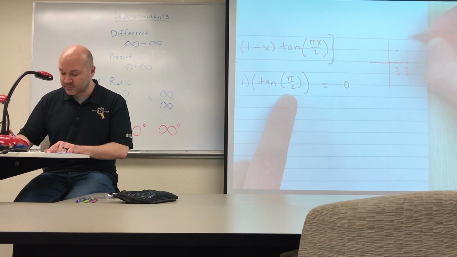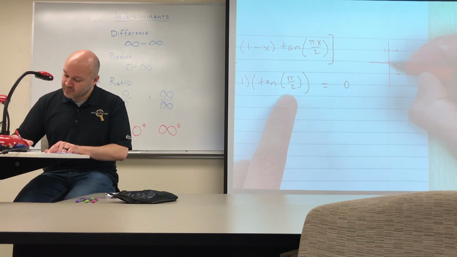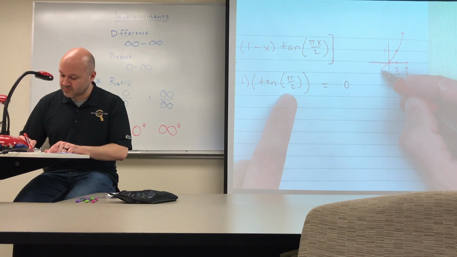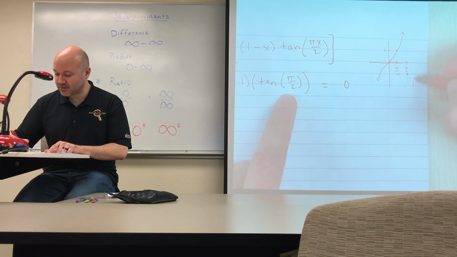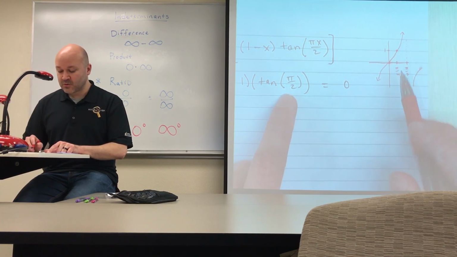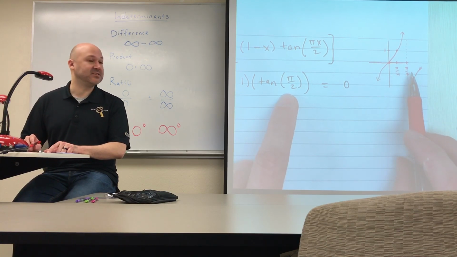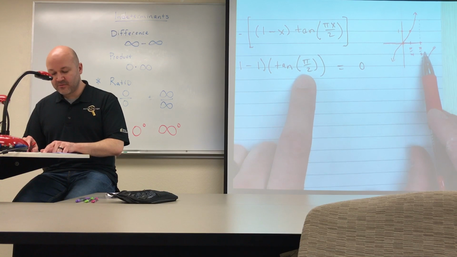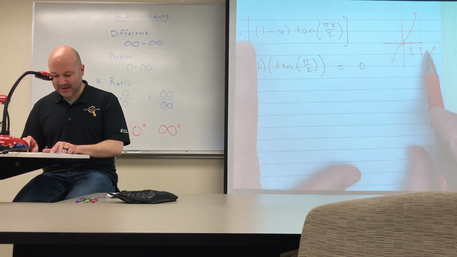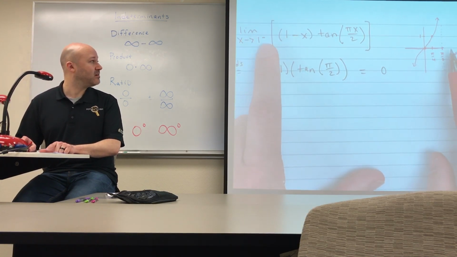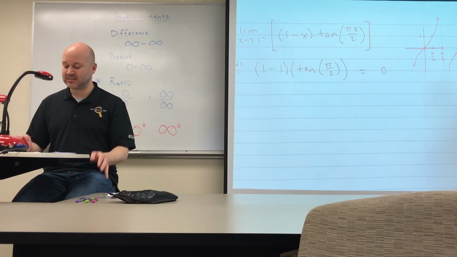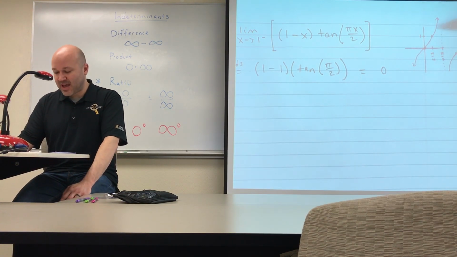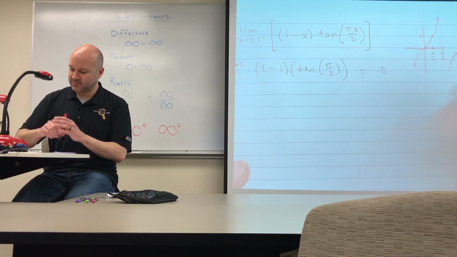We have this vertical asymptote. So tangent's kind of doing this. Does something similar over there, something similar over here. So tangent of pi halves is undefined, but as I approach pi halves from the left, tangent will be going up toward positive infinity.